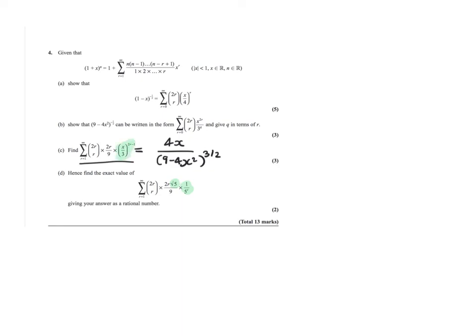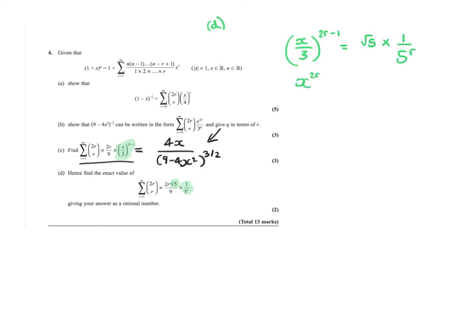So what we're going to do is set them equal to each other and find the value of x, and then substitute it into the right hand side, i.e. into this. So let's start by looking at those green parts which I've highlighted. So x over 3 to the power of 2r minus 1 must be equal to root 5 multiplied by 1 over 5 to the power of r.